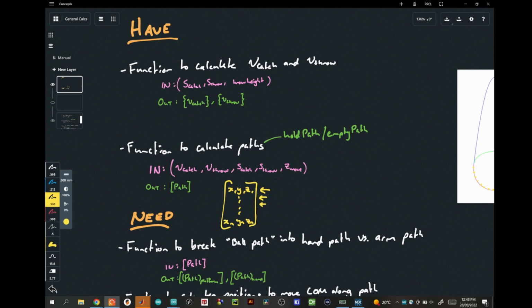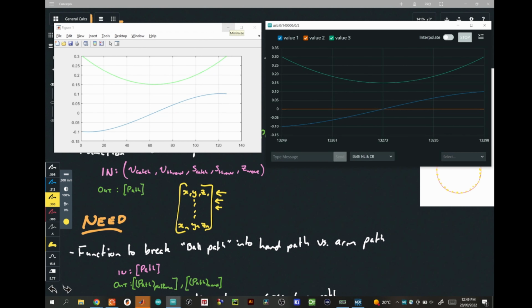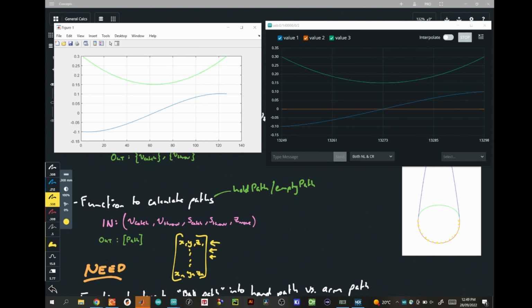Unfortunately, I can't think of a really good way of plotting this data from Arduino to verify that what I've done here is actually correct, but what I have done is compare it against a different plot that I've generated in MATLAB, and just by qualitatively looking at them, I can see that they're pretty similar. So what these plots represent is the change in the horizontal position and the change in the vertical position. The green line in these plots is how much the hand moves up and down.